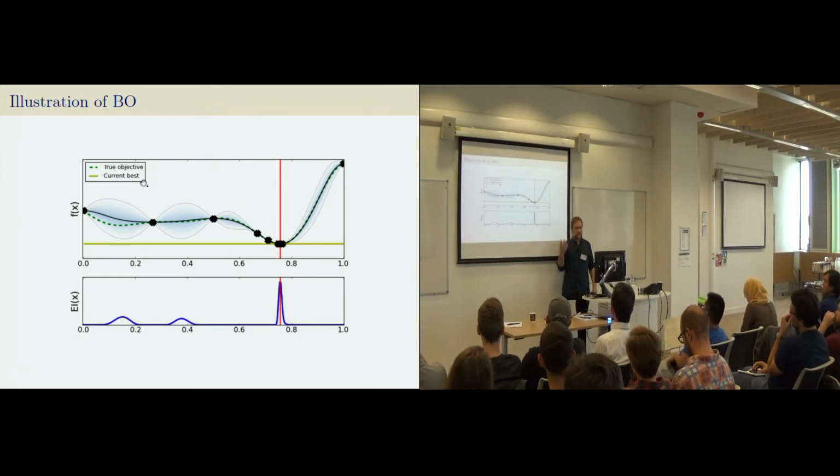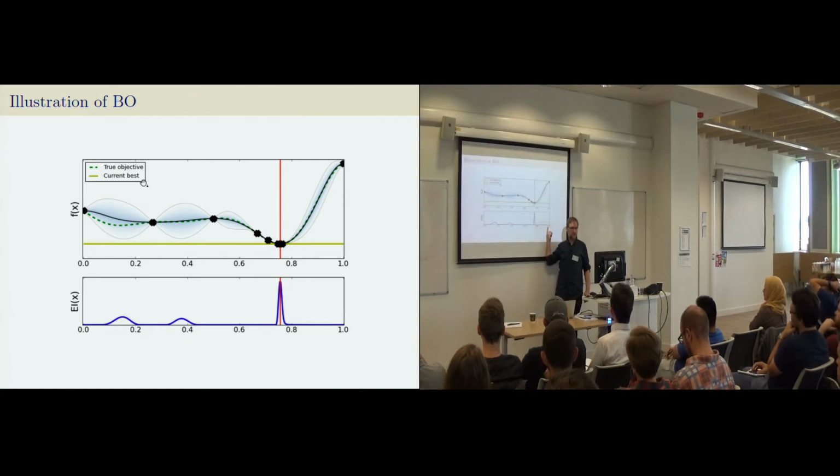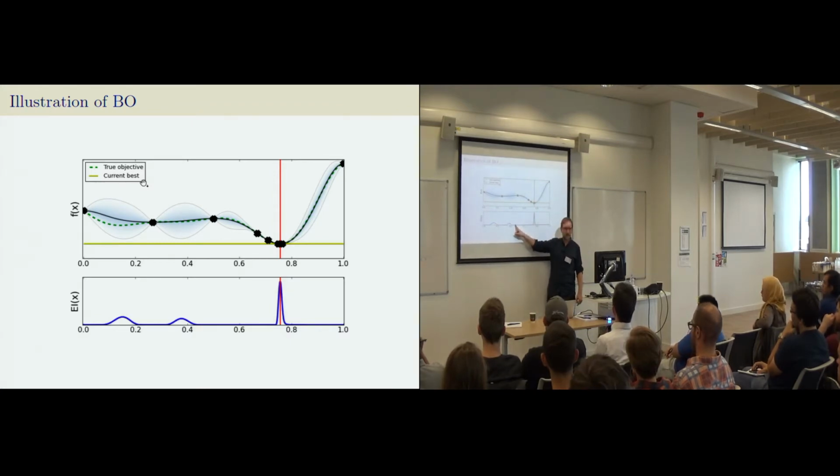Because evaluating this acquisition function is very cheap, and I can do it in parallel, you can run a massive grid search over here, or a random search, compute the values of the acquisition, and start your optimizer from something that is high. So if you run a massive grid search here, and you hit this value and all these values here, you start your local optimizer over here. That's a problem.